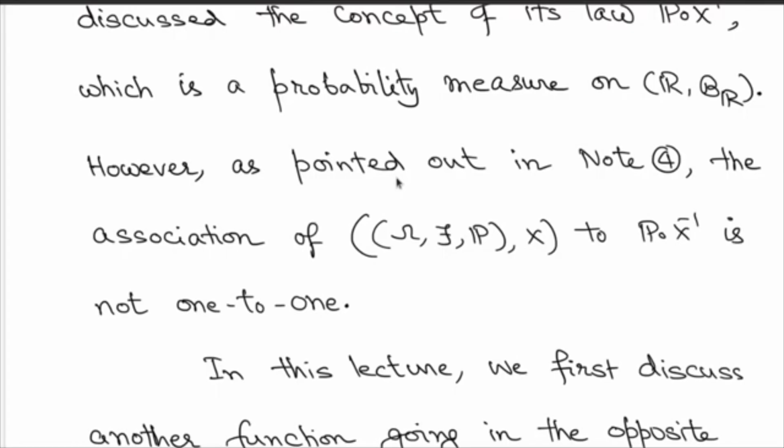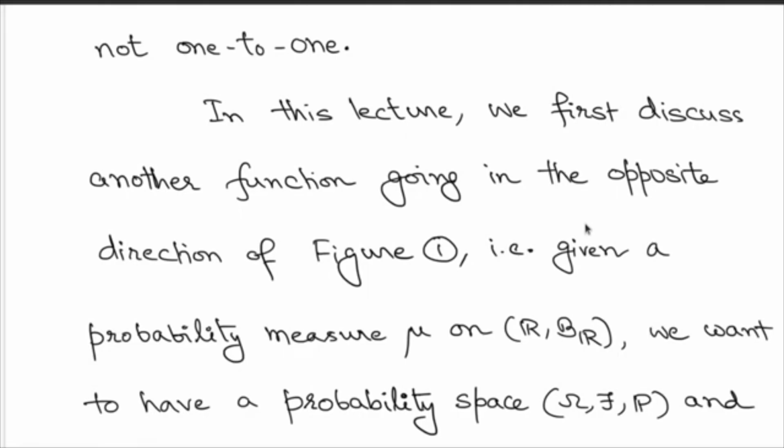If you consider any probability space and specify a constant or degenerate random variable, then you will get the Dirac distribution as its law. So there may be many different probability spaces and random variables defined there, such that their laws are the same. This association is not one to one, but what we would like to do is to construct a function or an association going in the opposite direction.